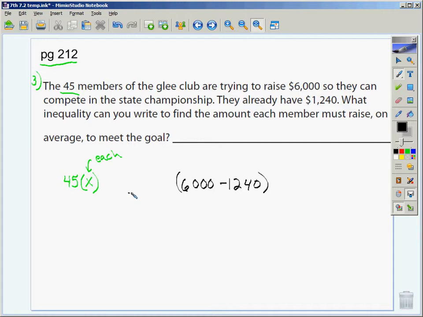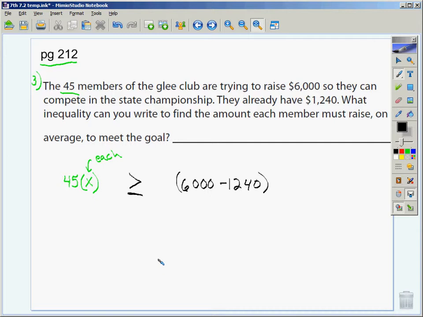Yes, so whatever I do is going to have the extra little line underneath it. They'd have enough money if they raised exactly that amount. Could be equal. Could they raise less than that amount and still be able to go? So this has to be greater than or equal to this amount. Everybody understand how I've written the inequality?